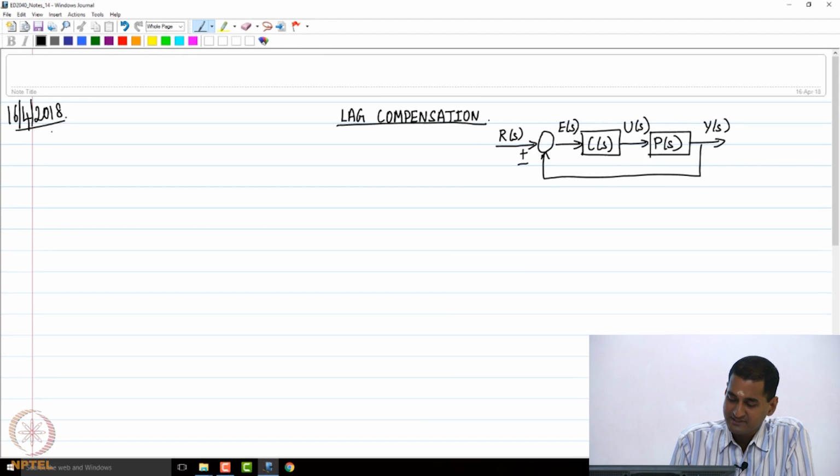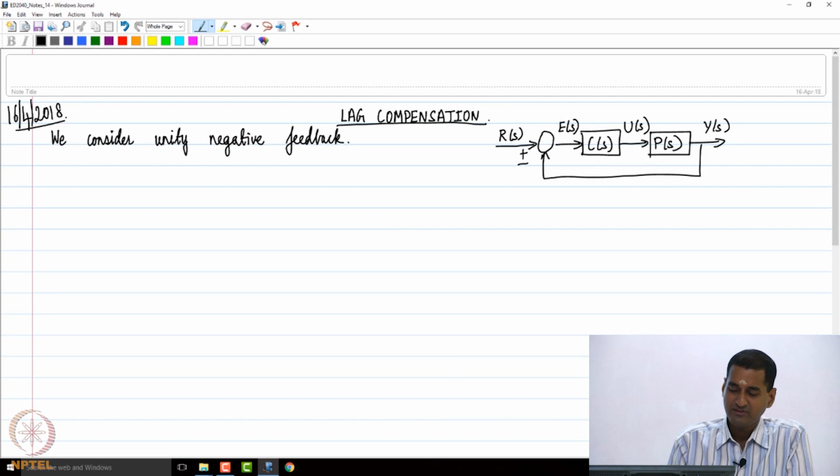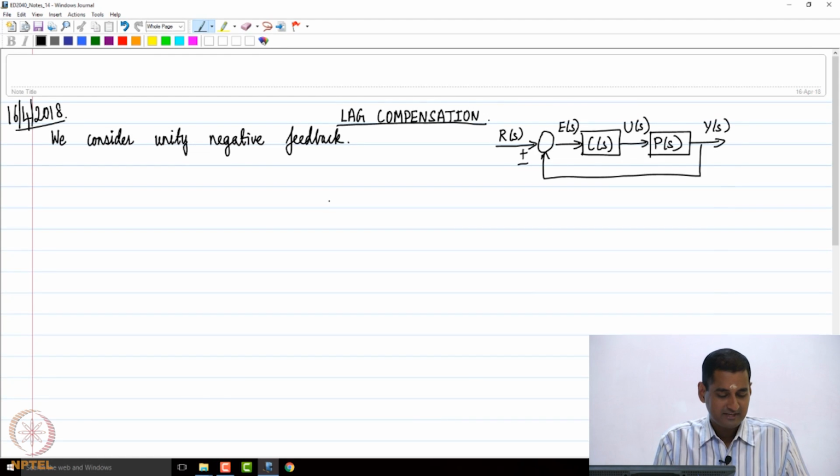So, once again we consider unity negative feedback. The same structure that we adopted when we discussed lead compensation is taken here. So, the question becomes, when do we use a lag compensator?